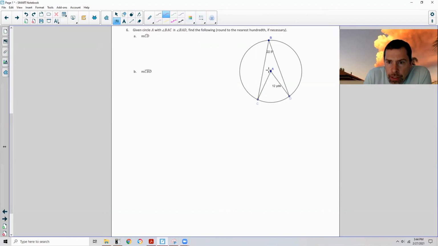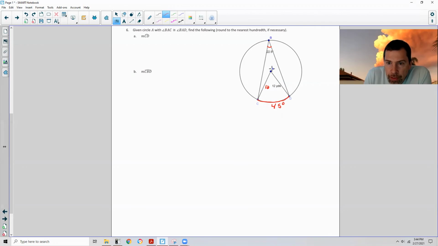Okay, so let's look at this angle here, angle CBD. It's 22.5 degrees, and it is inscribed, so it is 1/2 the intercepted arc. So this is 45 degrees. Okay, the radius is 12 yards. So this radius over here is 12 as well.